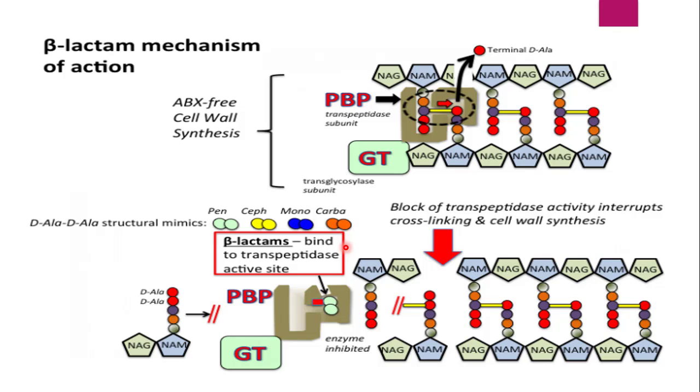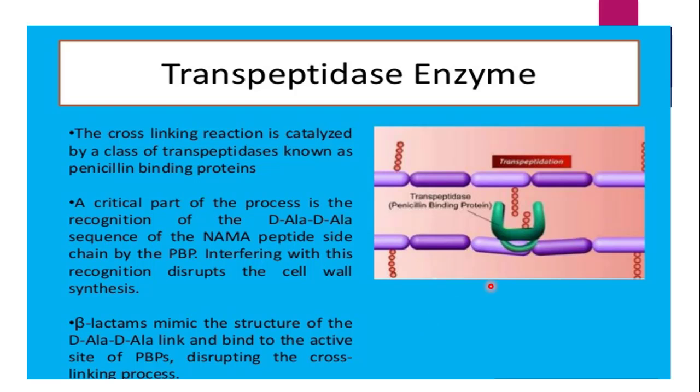Now if you will see the chain, that is cross linking here. As you can see here, it is binding to the transpeptidase active site, and because of the binding, this cross linking is getting hampered, and because of which cell wall synthesis will not take place. Now here it is the transpeptidase enzyme, that is penicillin-binding protein. The cross linking is occurring due to the PBP, which is catalyzed by the transpeptidase.